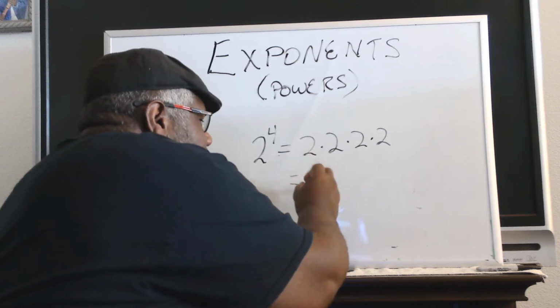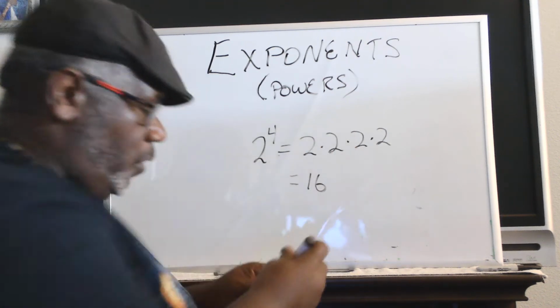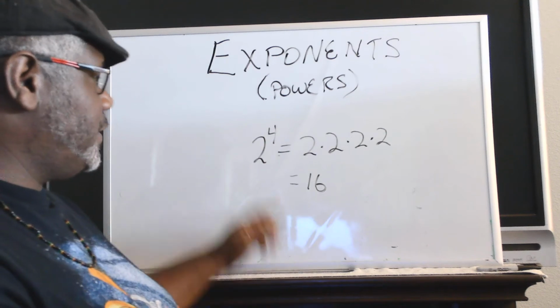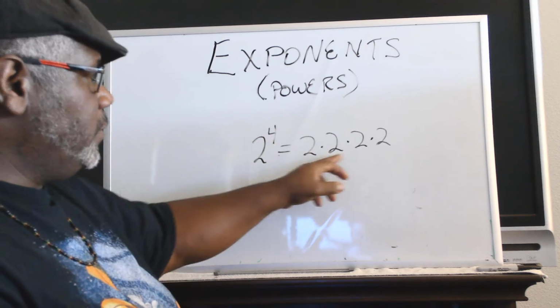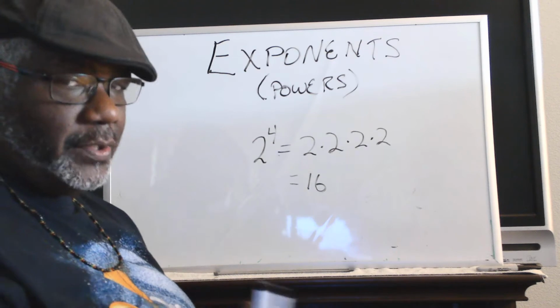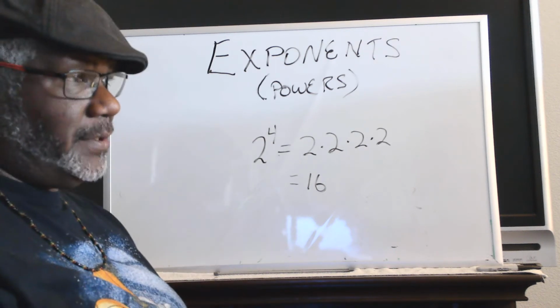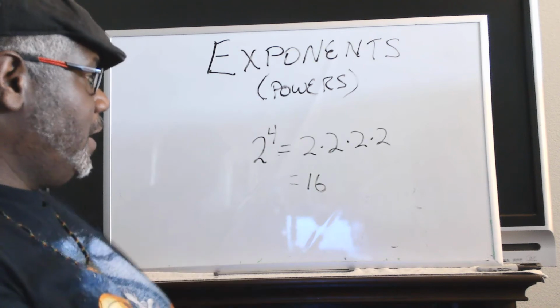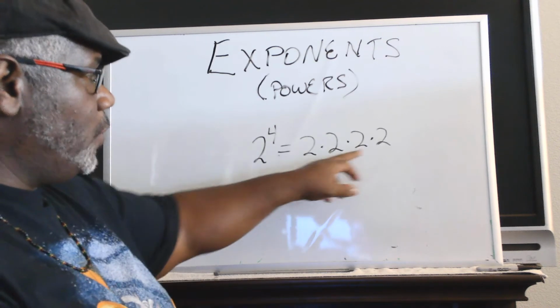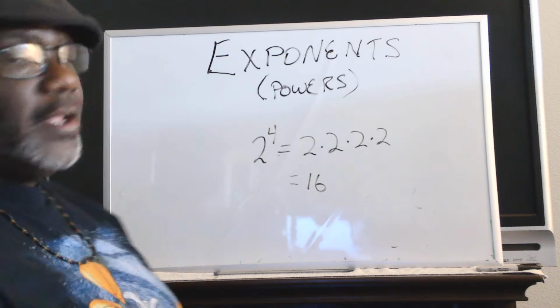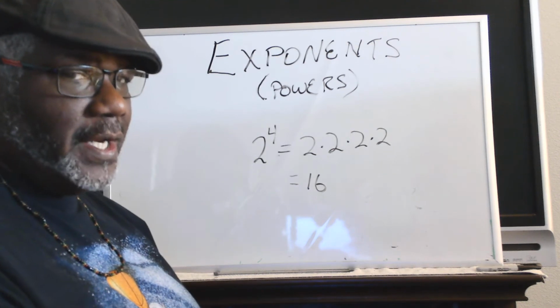Because 2 times 2 is 4, times 2 is 8, times 2 is 16. 2 to the 4th. It's not 2 times 4. It's 2 times itself 4 times, okay? That's different, so get that right. Basically, that's exponents in a nutshell.